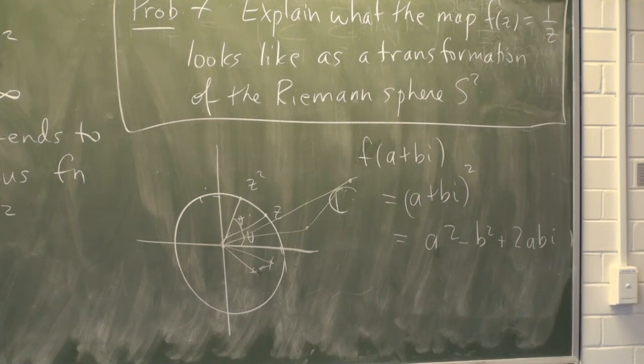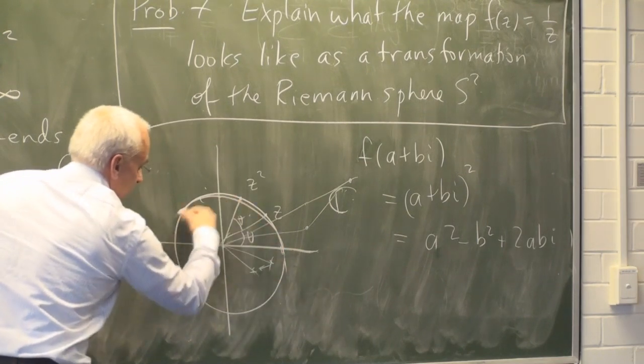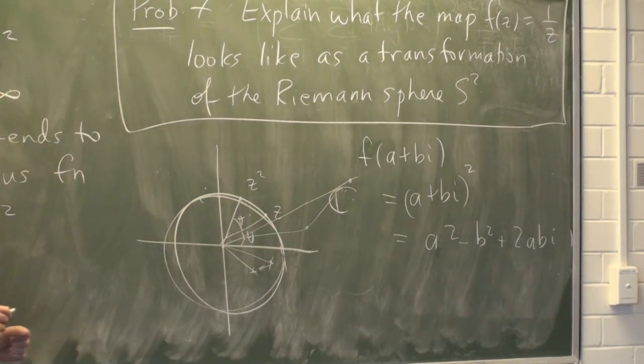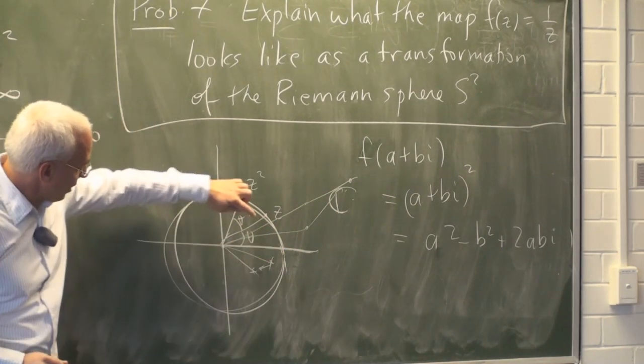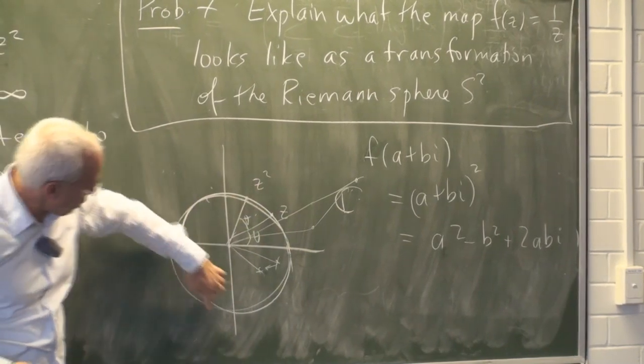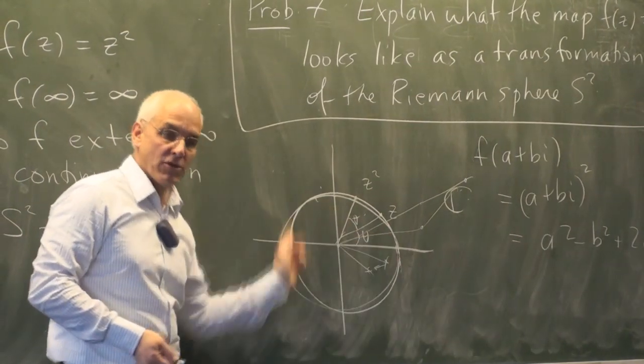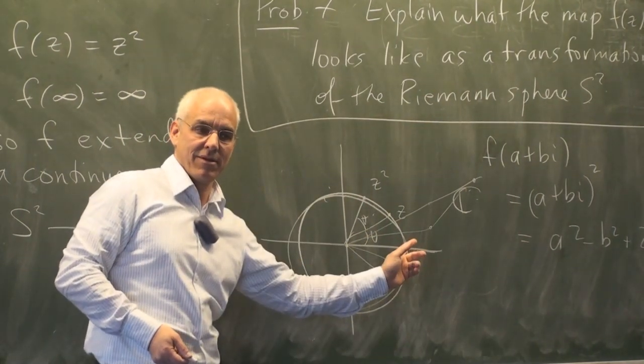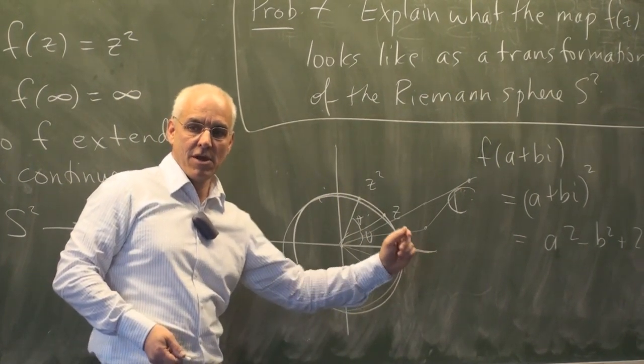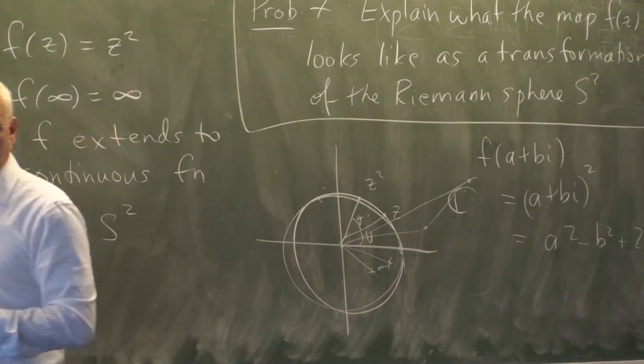And if you look at the image of the circle, because this is a doubling map, as z goes once around the circle, z squared, as we've seen before, will go around twice. And this was a very important realization for Riemann.